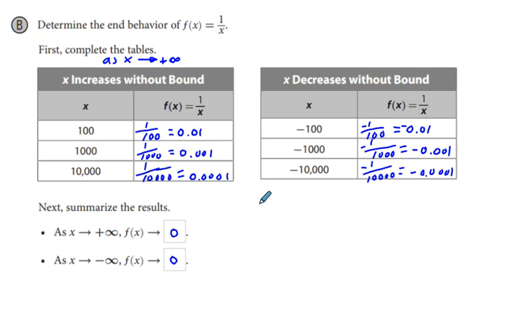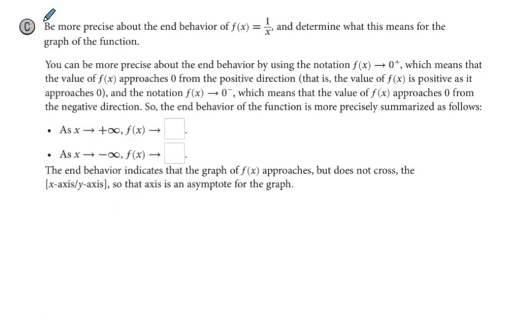When you graph this function, what does it look like? It looks like this. We are increasing, approaching 0, and decreasing, we're approaching 0 from the negative side. Next, be more precise about the end behavior of f(x) equals 1 over x and determine what this means for the graph.